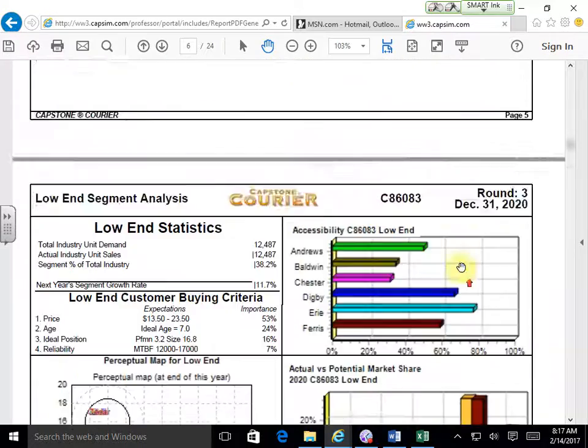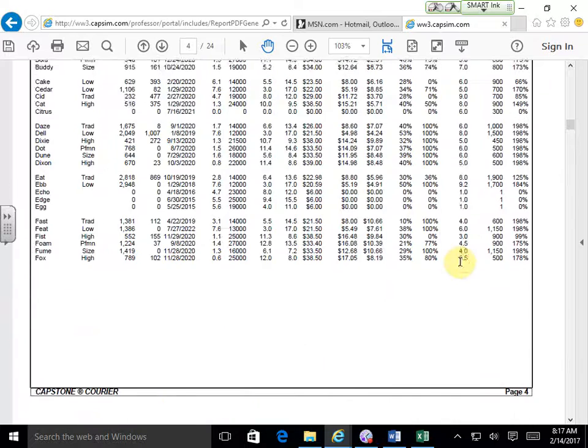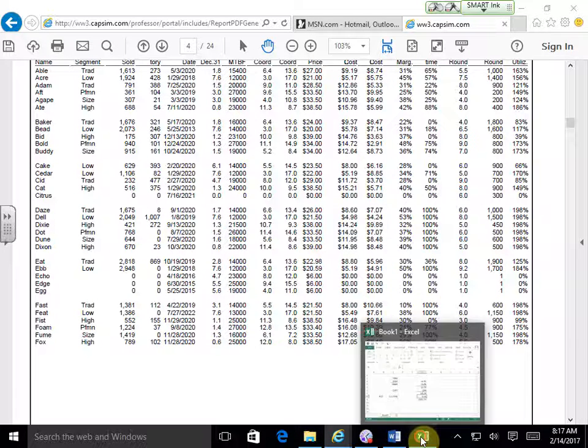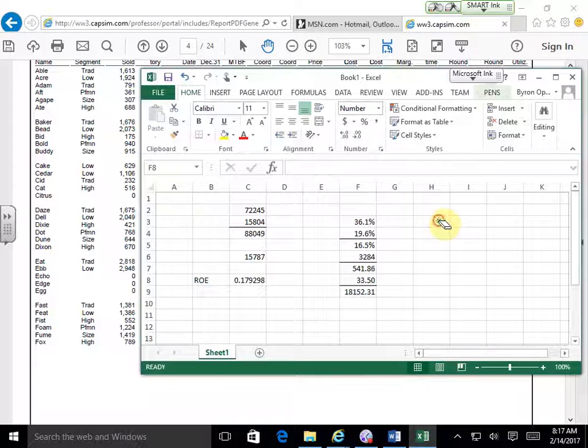So if we go up here, just to take a look, for example, for Dune, Dune's price $33.50, material cost $11.95, labor cost $8.48. I'd add those together. What's that give me? $20.43. Is that right for my cost? Anybody got the math on that?